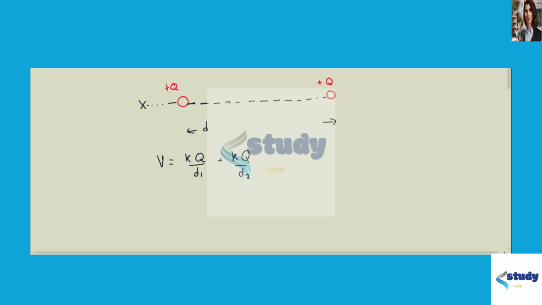So D1 would be, say, to the left of charge 1, and D2 would be D plus D1 in this case, but it could be D minus D1 if it was in between.